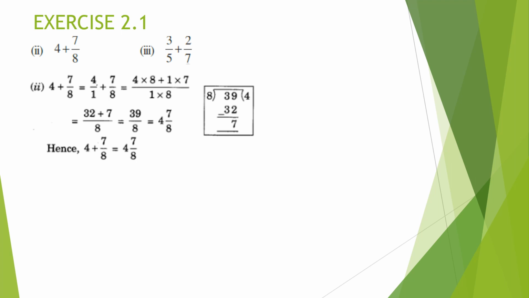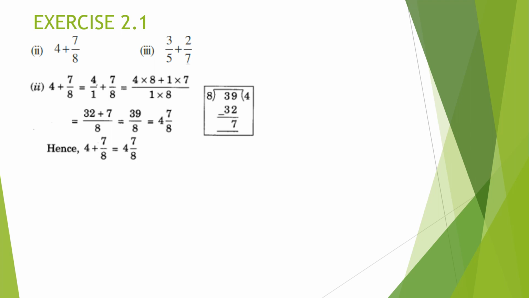So 4 by 1 equal to 4 upon 1 into 8, the numerator also multiplied by 8, plus 7 upon 8 into 1. Similarly, the numerator 7 is also multiplied by 1. So we get the first fraction as 32 upon 8 plus 7 upon 8.